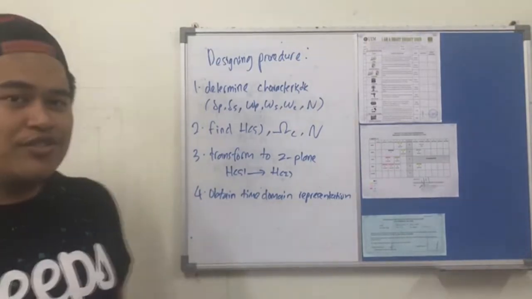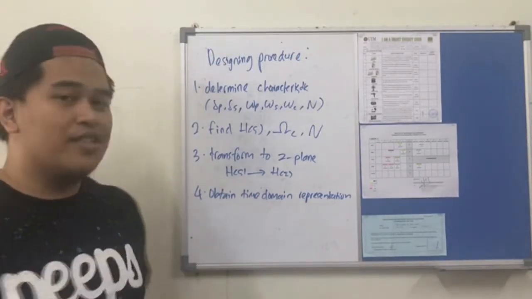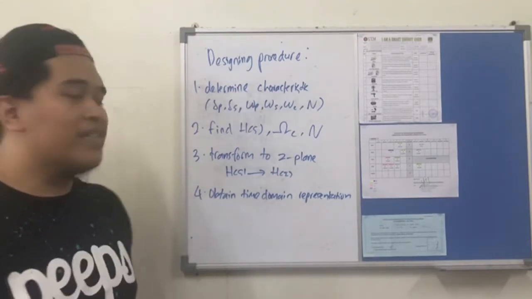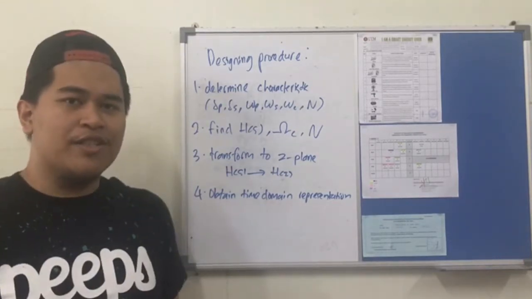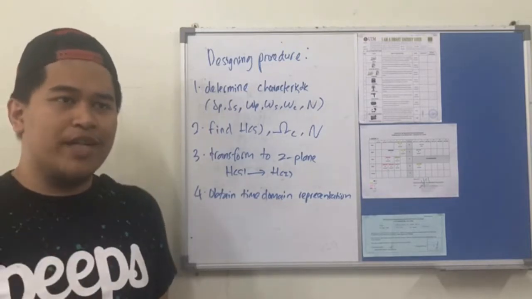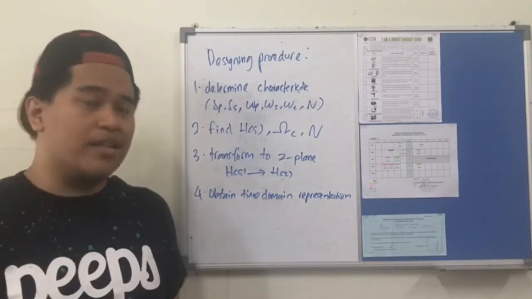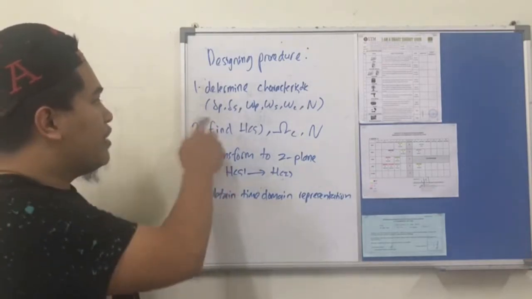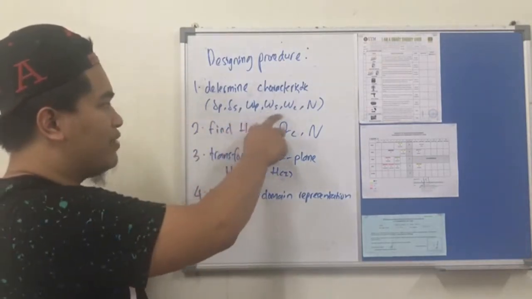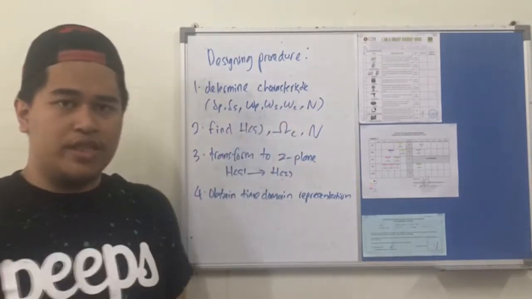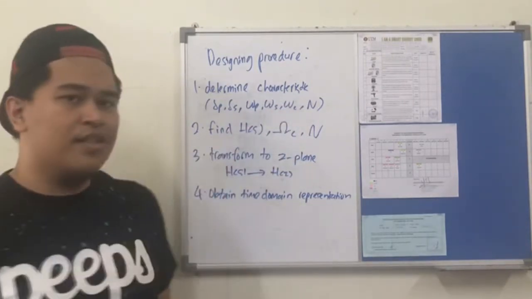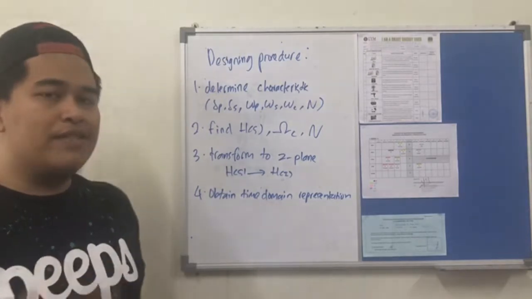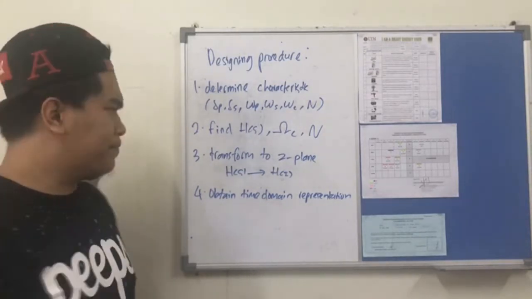So now we will continue on the design procedure of the filter. The first part, we have to determine the characteristics of the filter. Usually this is given by the question or criteria, and the characteristics are delta P, delta S, omega P, omega S, omega C, and also N, which is the order. This is important because we want to know the characteristics of the filter, and only after that can we design the filter.